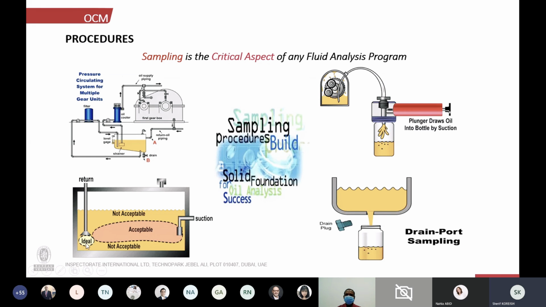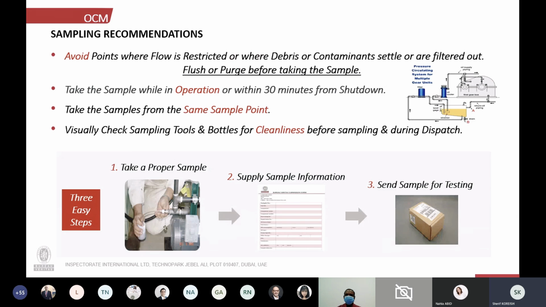But it is ideal to take it from a pipe which is sitting in the tank itself or the sump. There are certain types of sampling as well from certain points in the system, like point B or point A, but we'll talk about this in the next slide now here.